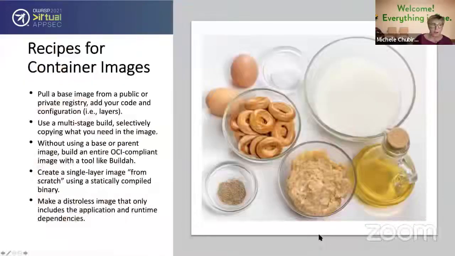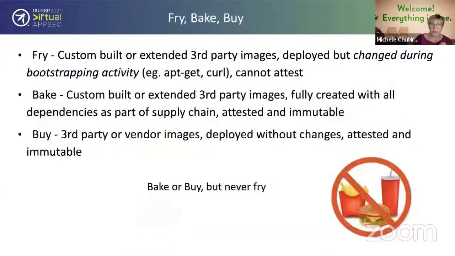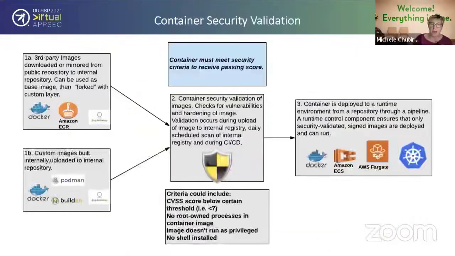So we've talked about the recipes, we've talked about using the best ingredients, we've talked about fry, bake, and buy. I wanted to share with you a sample container security validation at a high level, so you understand what I'm talking about when I talk about the container security supply chain. So I've broken it up into 1A and 1B. 1A is third-party images, and 1B is a full custom-built image.